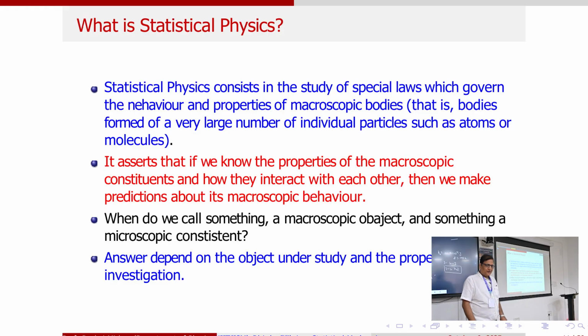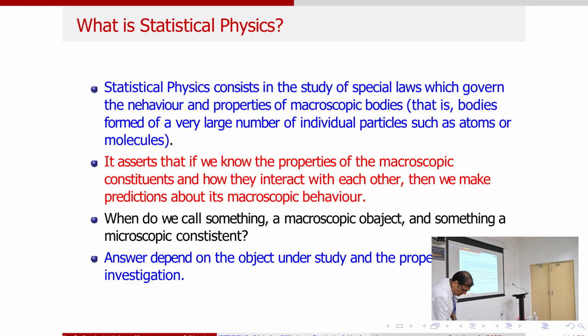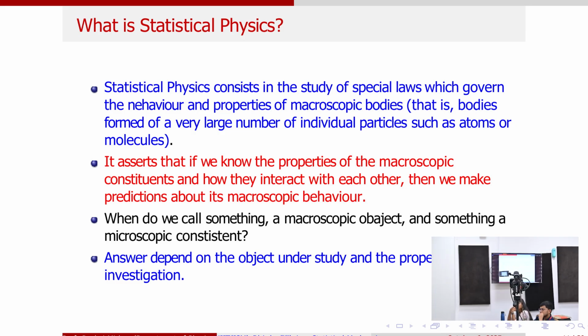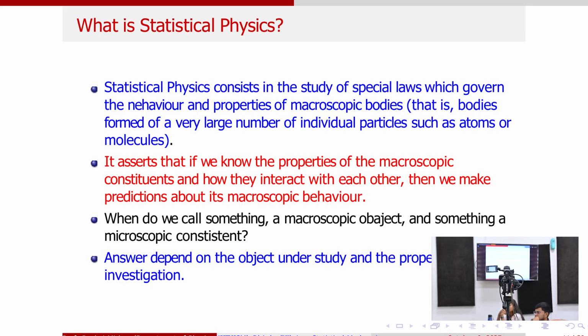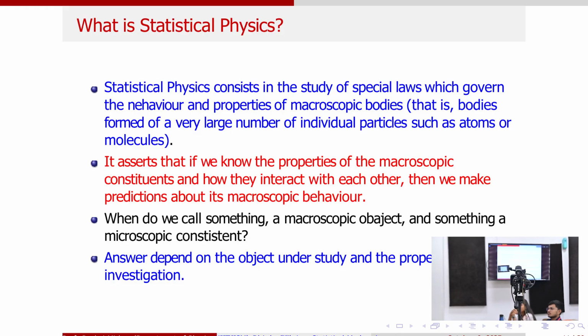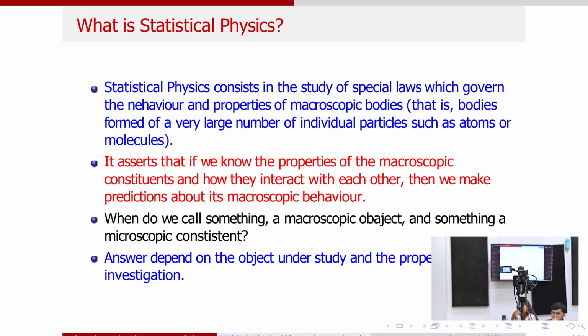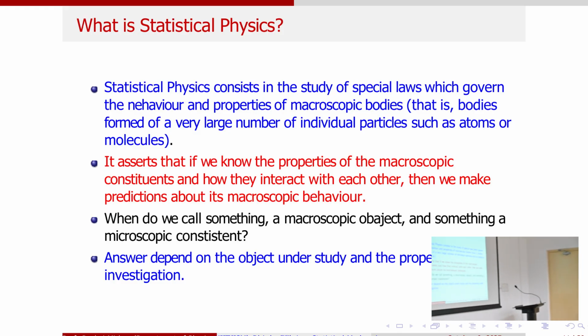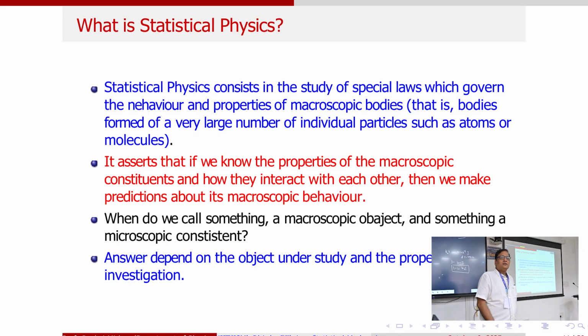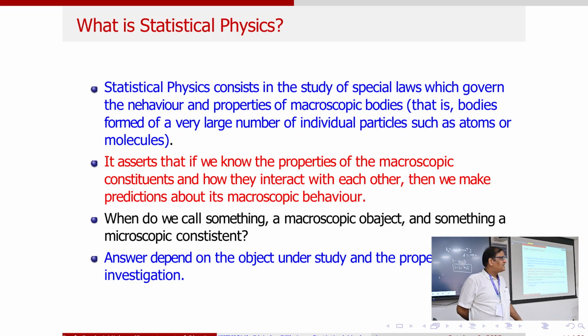Say, for example, if you have hydrogen gas filled in a jar, you know how the hydrogen molecules are interacting. By using the rules of statistical mechanics, we can predict all the observable properties.